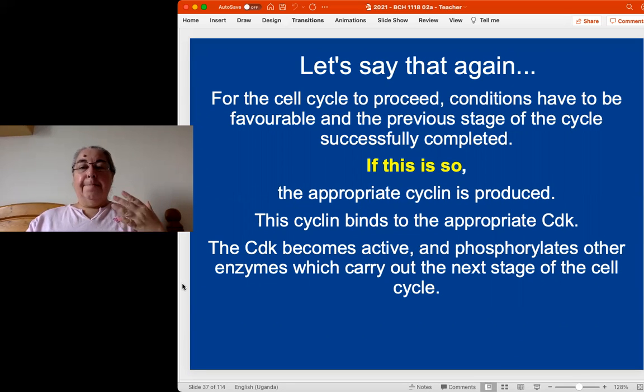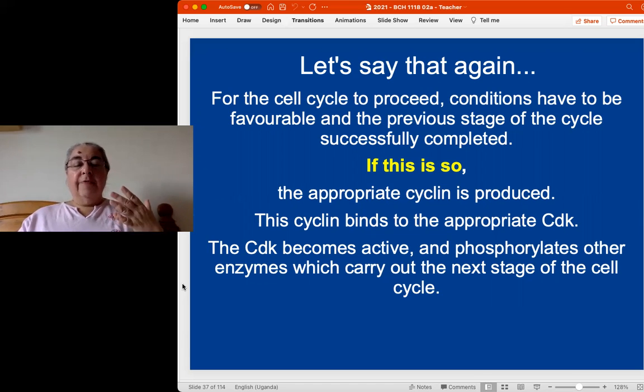This cyclin binds to the appropriate cyclin-dependent kinase. The cyclin-dependent kinase becomes active and phosphorylates other enzymes, which then become active themselves, and they carry out the processes that are needed for the next stage of the cell cycle.